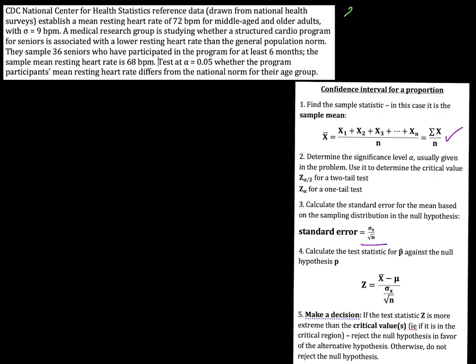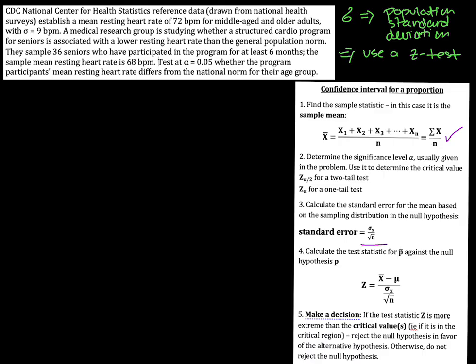So sigma means population standard deviation. So since we know that, that means that we can still use a z-test.